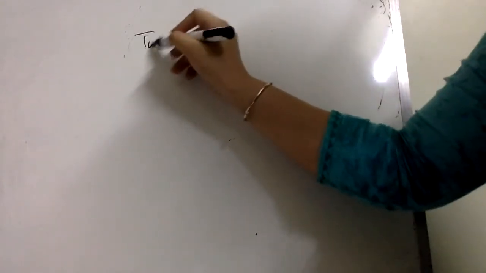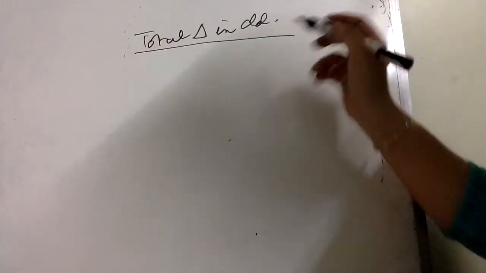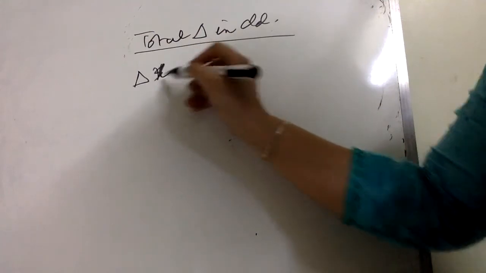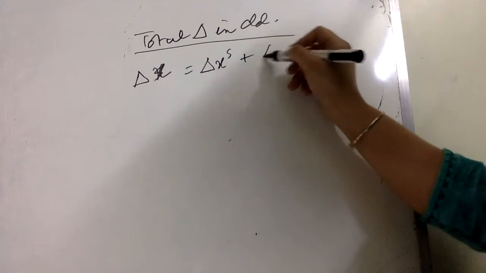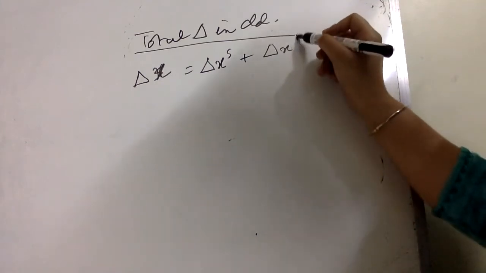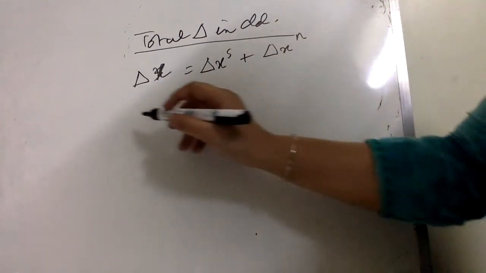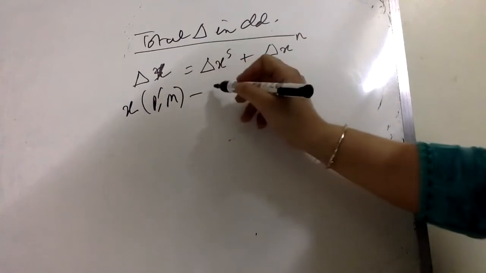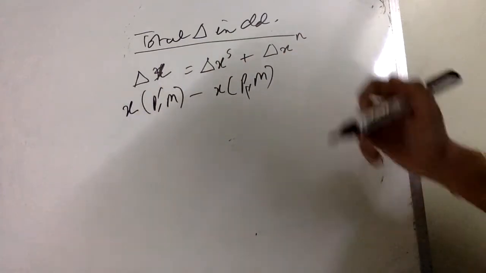So keeping the diagram in mind, we can understand total change in demand. So total change can be written as change in demand due to substitution effect plus change in demand due to income effect. Say I define income by M, and if I write here, total change was X1(P1', M) minus X1(P1, M).